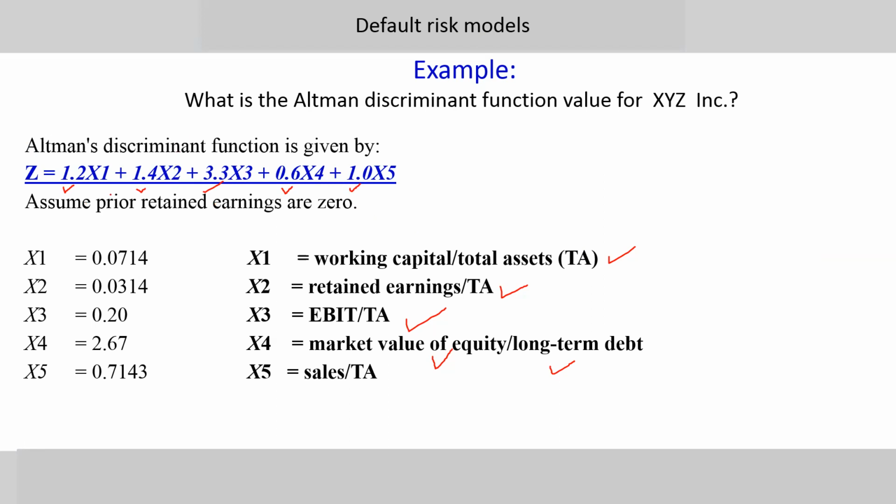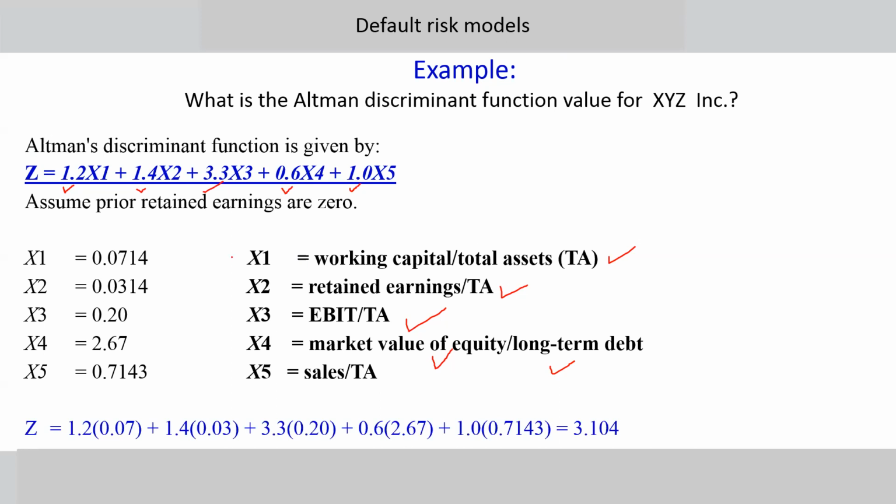So these are 1.2, 1.4, 3.3, 0.6, and they are fixed. We just want to plug in the values of X1, X2, X3, X4, X5. According to the information we have, we find 3.04. And as you can see, this is larger than 2.99.